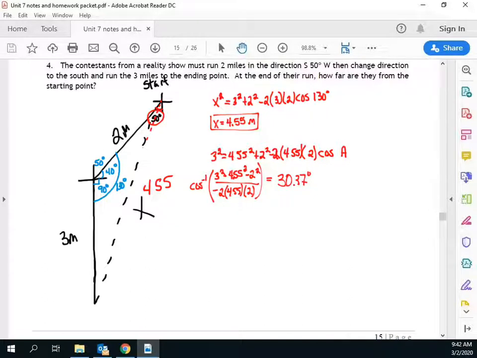So, he's right. It's not 50. This angle right here is what we just found. So that little bit, that sliver up there by the 50, the angle that's inside the triangle is 30.37.